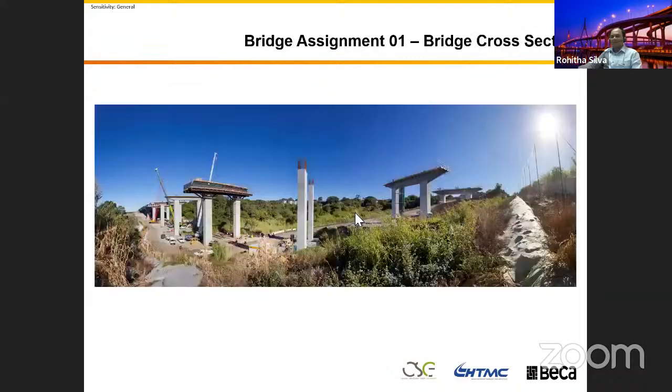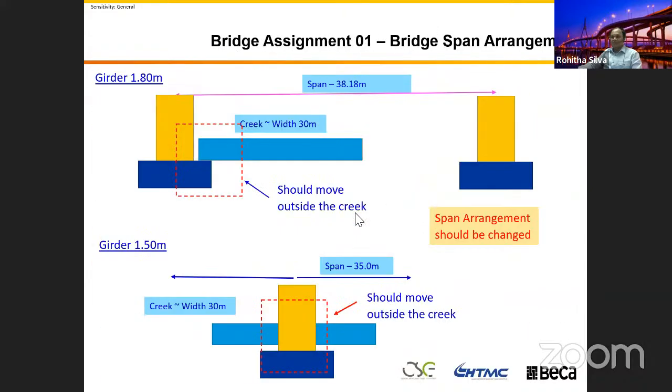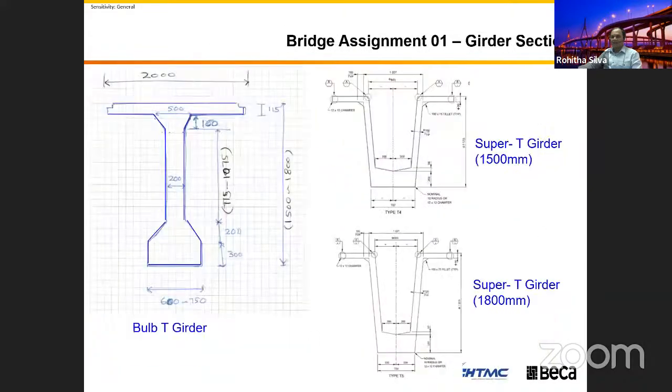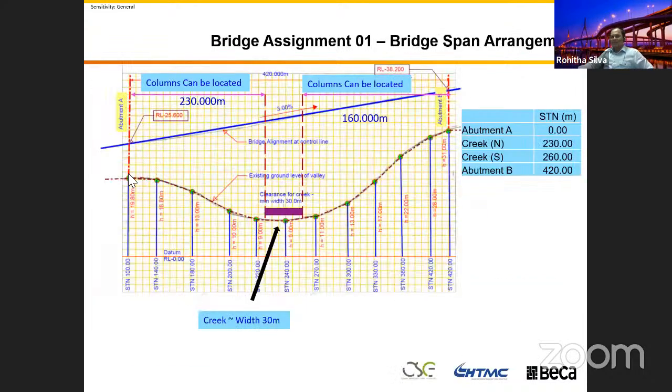When we are going to do the abutment in this bridge, there are abutment A and abutment B. The cheapest form, because your bridge is up here, your ground is down there. You have to fill here, right? Otherwise, you have to build a massive retaining wall to hold this earth pressure, right?